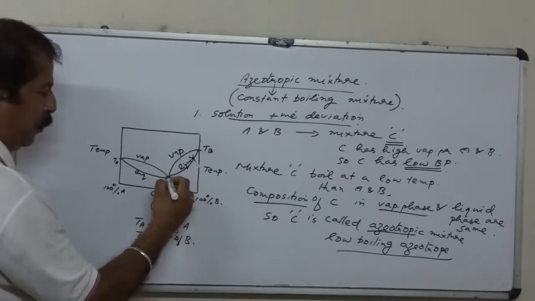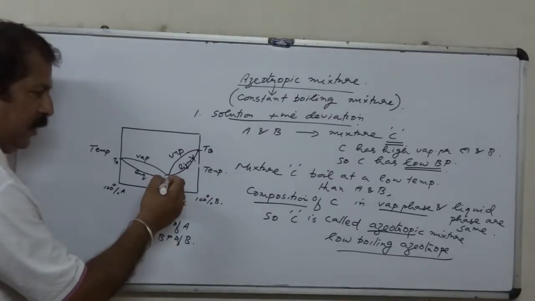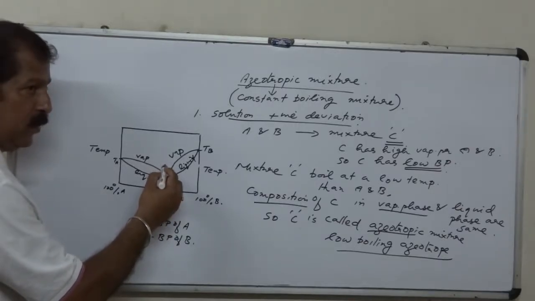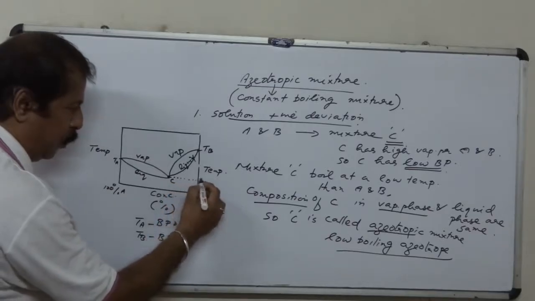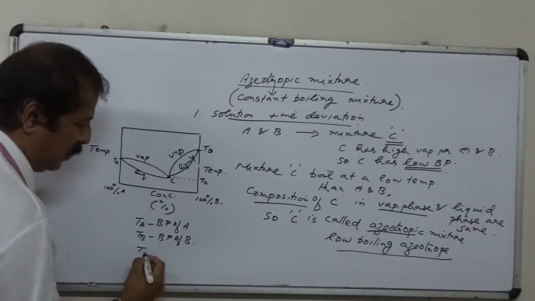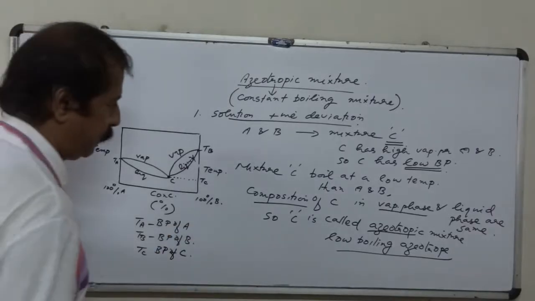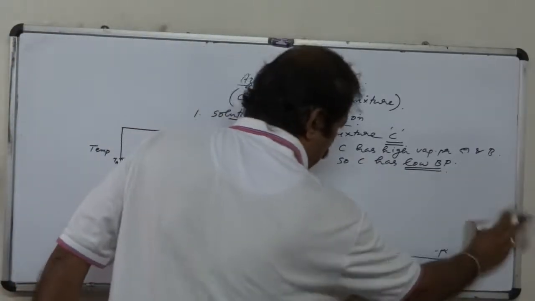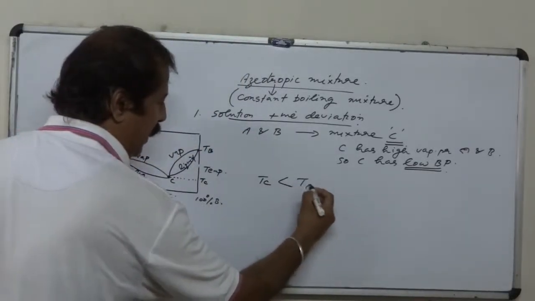So at this point you have the vapor phase composition and liquid phase composition of C. These are same at this point. And here is the boiling point of C. So TC is the boiling point of C. TC is less than TA and TB.